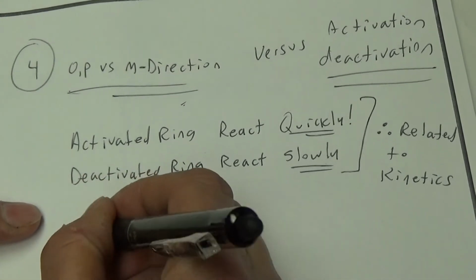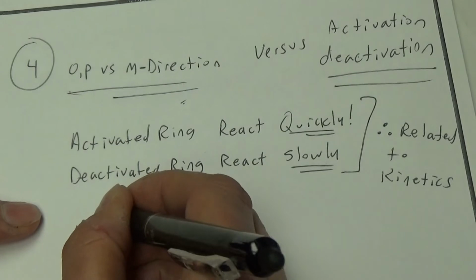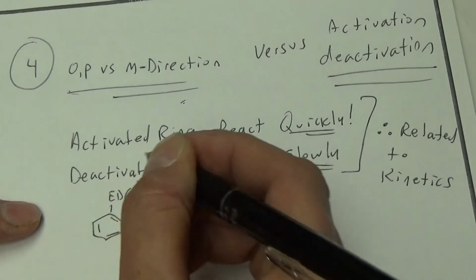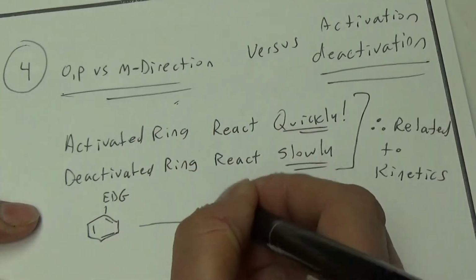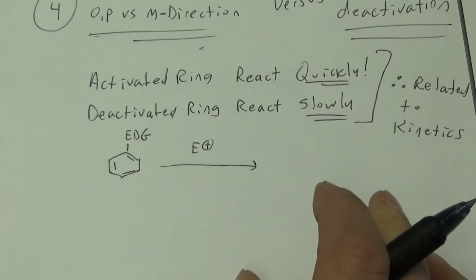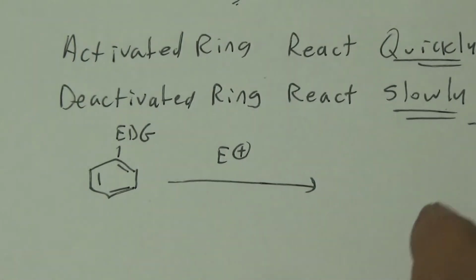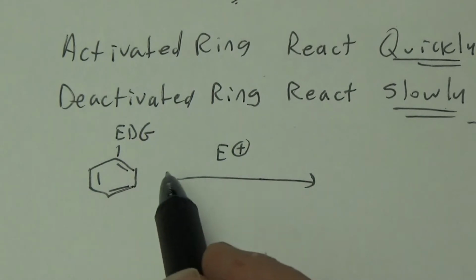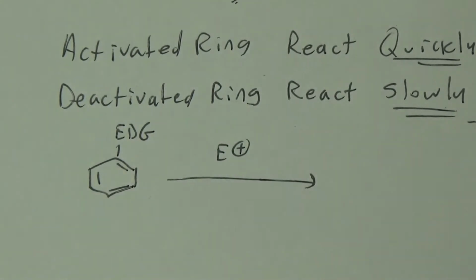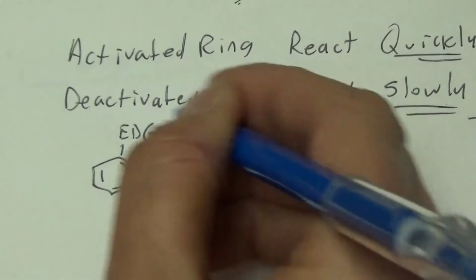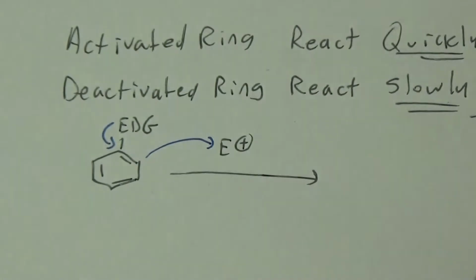So in a nutshell, this is actually pretty easy. Think about an electron donating group. In a nutshell, you can think that the benzene is a nucleophile and that's an electrophile. The benzene goes and attacks, and the donating group kind of kicks electrons down.